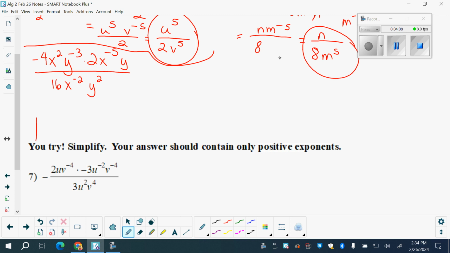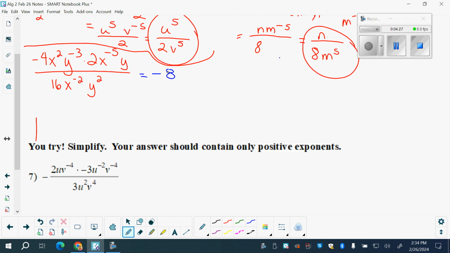So we want to simplify on the top, right? Because there's more than one variable the same. So we take -4 times 2, which is -8. And then what do we do with our exponents?